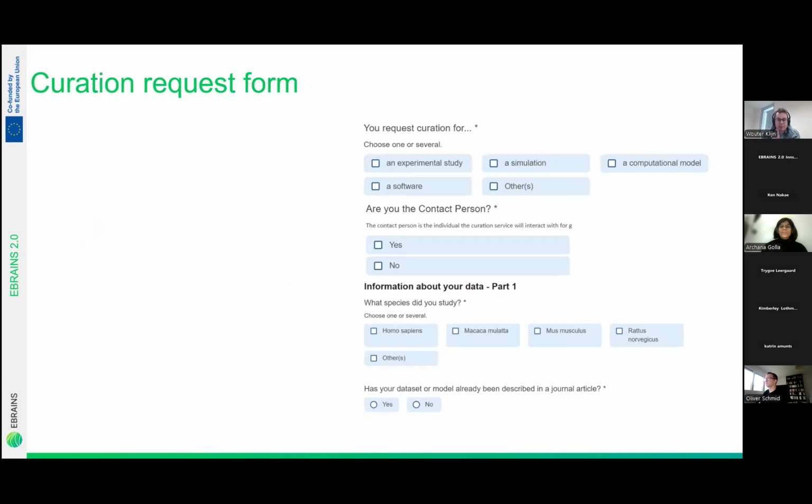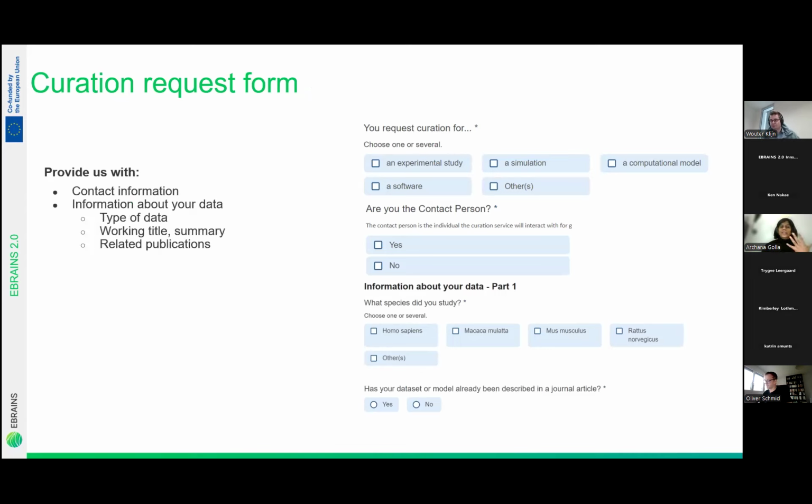To start with the first component, the curation request form, here we ask the data provider to provide some basic information about their data, such as contact information, types of data, a summary, and any related publications. We also ask for details about the ethics approvals to make sure the data falls under the EU regulations, and especially for human data sharing, it has to be compliant with the EU GDPR.